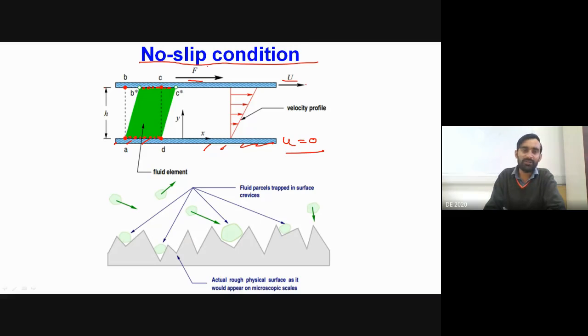Okay, so here what will happen if I draw the velocity profile at any location. For example, if I take any location over here, at this lowest point we will have 0 velocity. At the highest point, we will have velocity equal to u.